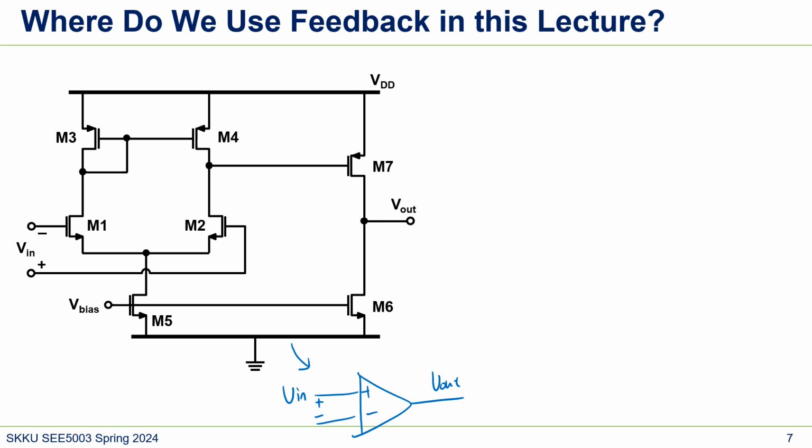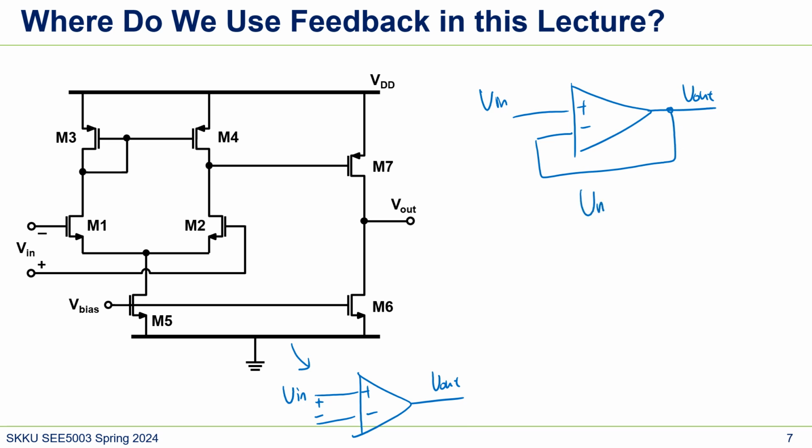And what we can do by using this circuit is we can make a unit gain buffer, which means V in is V out.